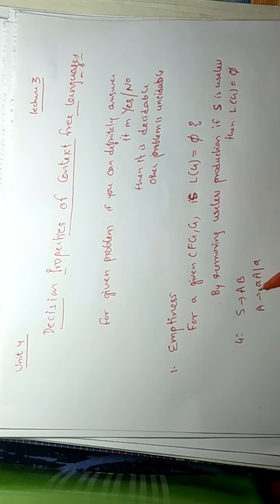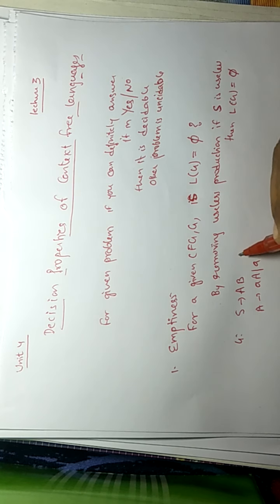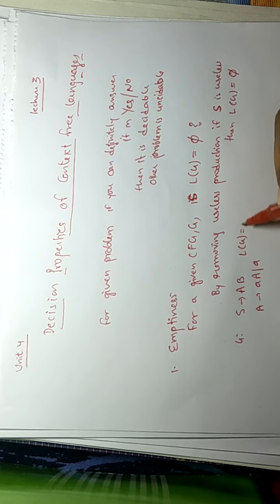S tends to AB means it needs A and then it needs B. A is given, B is not given. So you cannot generate anything from this grammar, because S tends to AB is useless and you cannot derive anything from it. So L of G is empty.